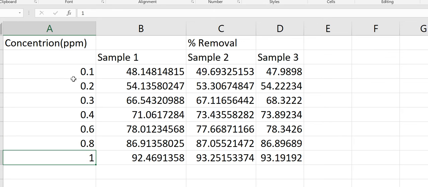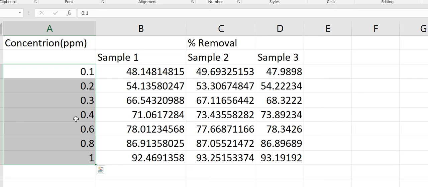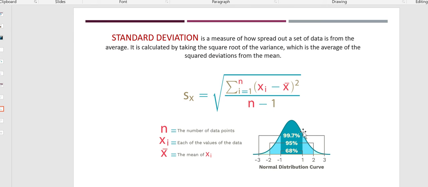So these are the data points, that is, you are performing your experiments in 7 separate runs. In this case, the number of data points, or n value, is 7. So you need to subtract 1 from 7, that is 7 minus 1, which comes to 6. So you need to divide this answer by 6 and then take the square root.